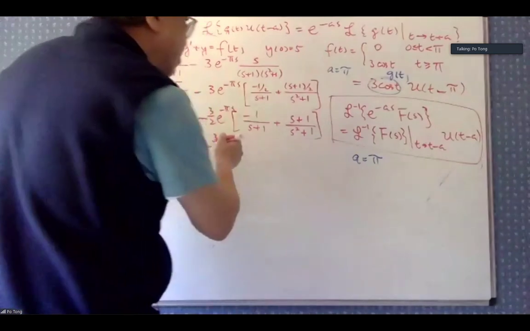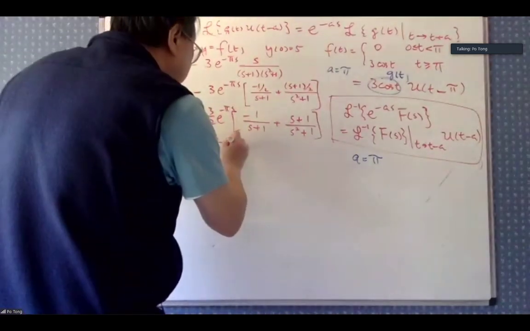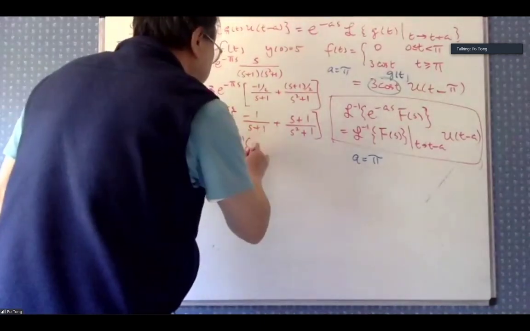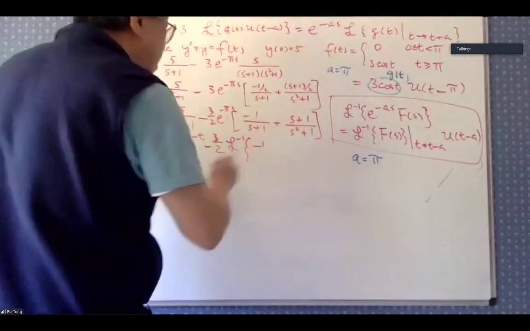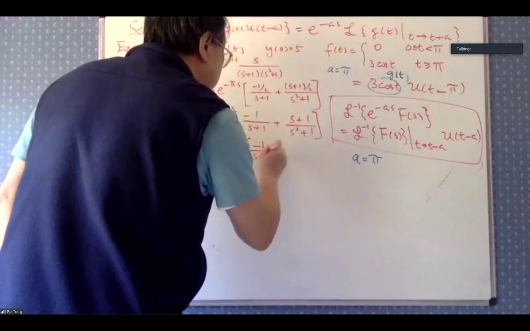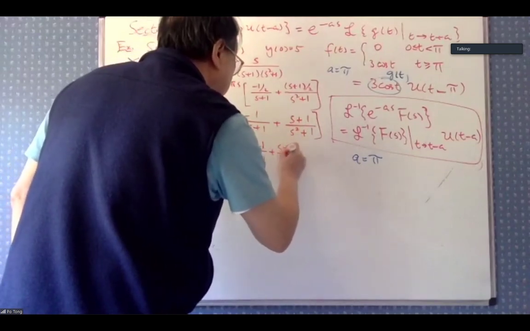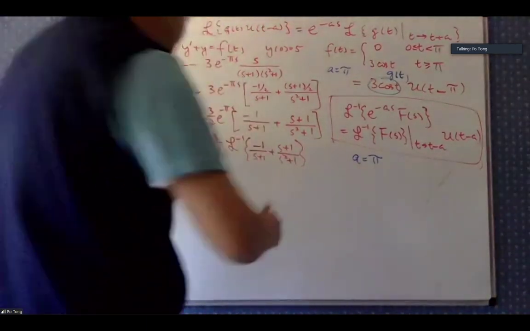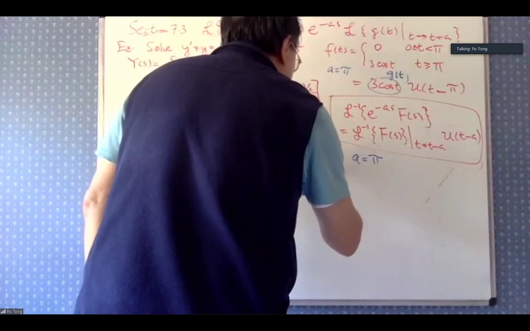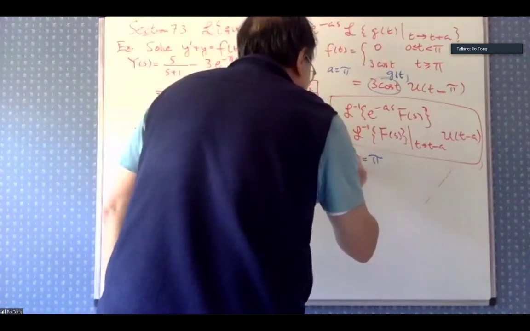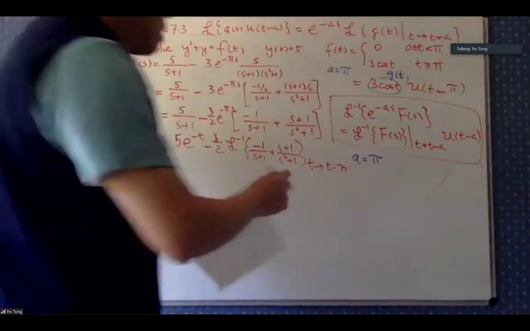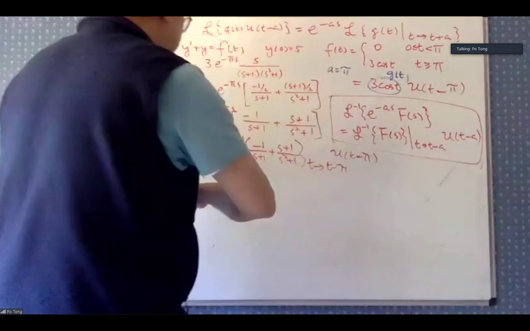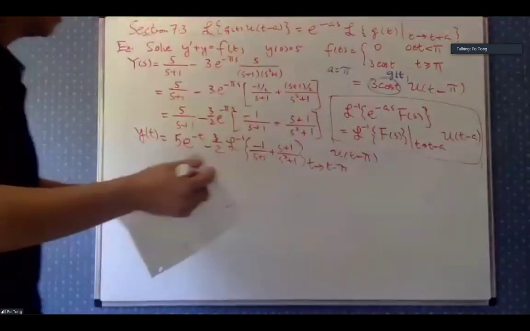So I need the inverse transform of this whole thing, and after I do the inverse transform, I will replace t by t minus pi, and then I will put down u(t minus pi) to multiply. Is it okay? Yeah.